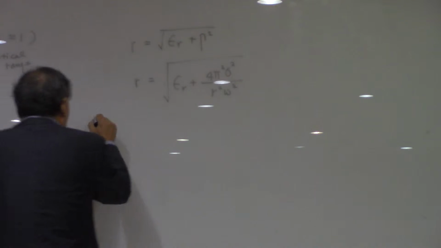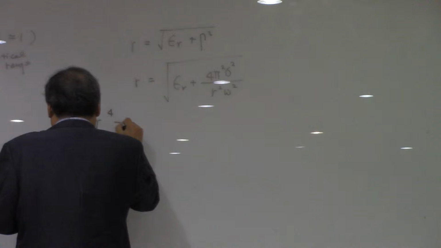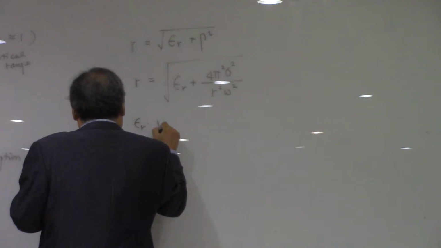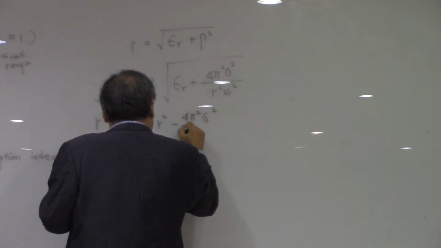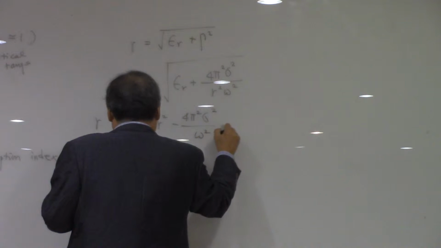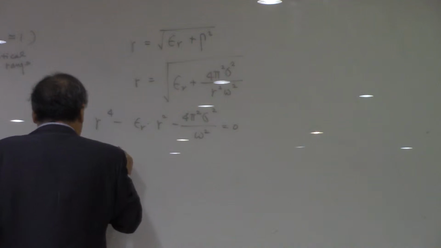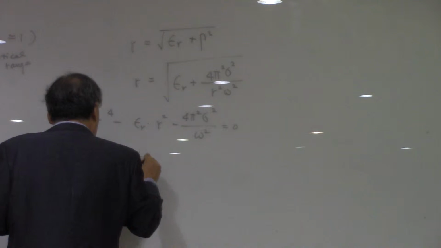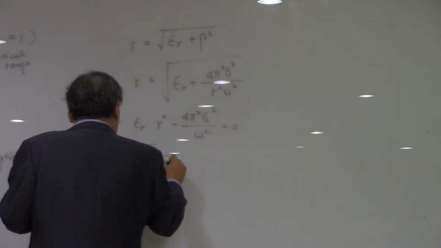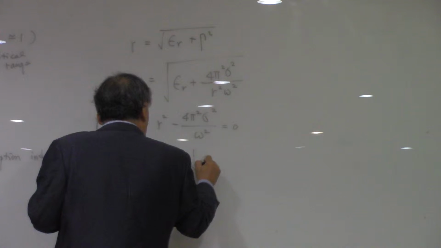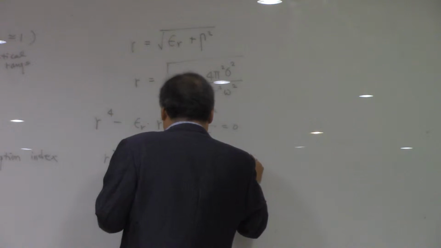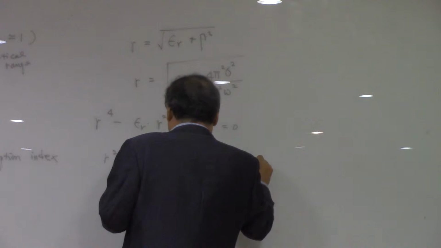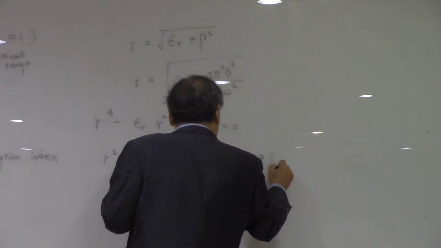And you can see that r to the fourth minus r square minus 4 pi square sigma square over omega square is equal to 0, which means r square is going to be the dielectric constant square root of 16 pi square sigma square over omega square.